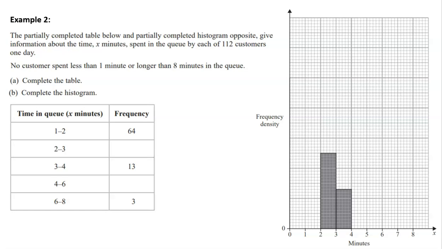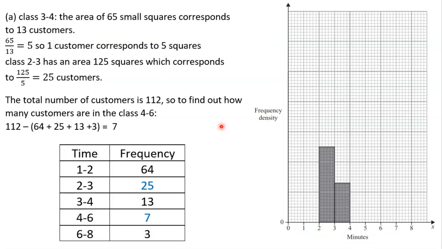So you can pause the video and try to answer this question on your own, and then we will go together through the answers. So let's start going through the answers. Part A. So there were two missing frequencies, and we know that class 3 to 4 is both in the table and also in the histogram.